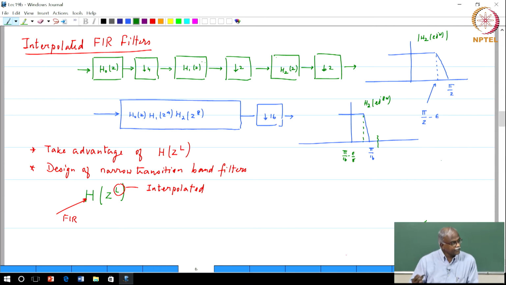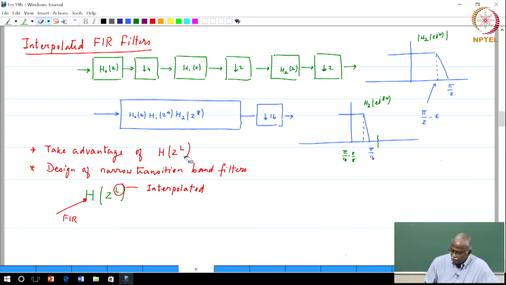That gives you an advantage because that also compresses the transition band. Any practical filter will have a finite transition band, and this is a way to take advantage of that, but it will generate images, and we have to get rid of the images. Therefore, the concept is that you will take advantage of the interpolation to get the sharp transitions and then introduce an additional filter.